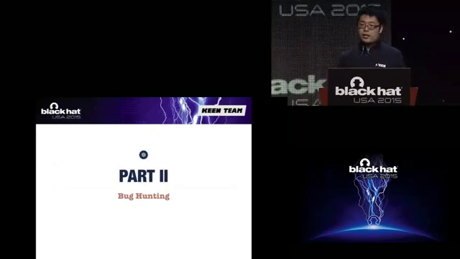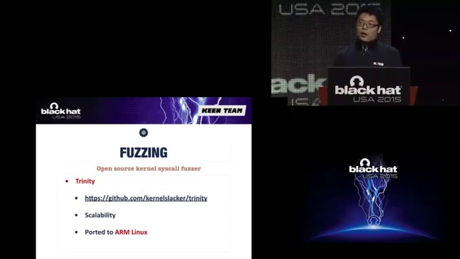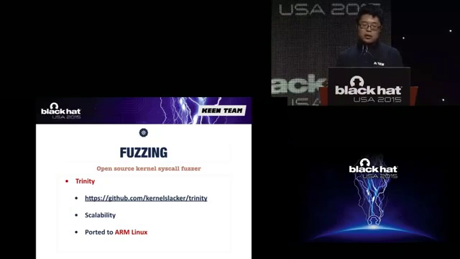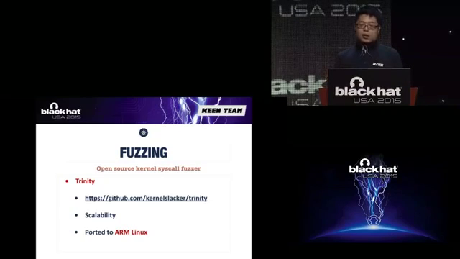The first part is about bug hunting. Once upon a time, our team leader Wu Xi gave me a zip file including hundreds of kernel crashes in the Linux kernel. He got these crash logs from a non-open-source syscall fuzzer called Trinity.